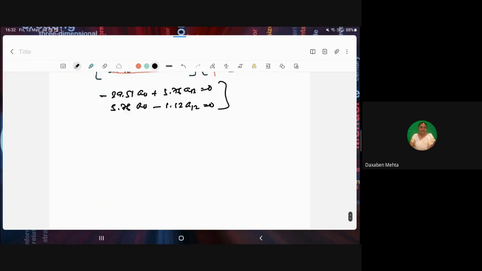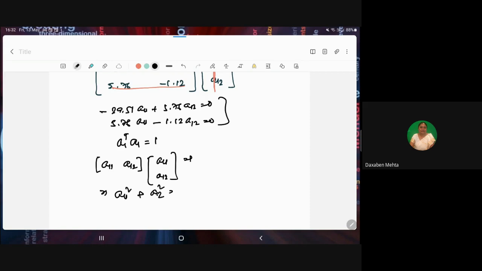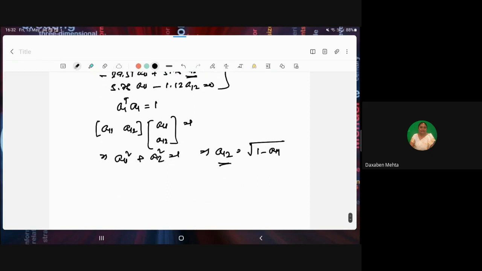That means A1 transpose into A1 is equal to 1, which actually means A11, A12 times A11, A12 is equal to 1, which actually means A11 square, by the multiplication rule of matrix, plus A12 square is equal to 1, from where we get A12 is equal to root over of 1 minus A11 square. So if we put the value of A12 here, then from here we can get the value of A11.